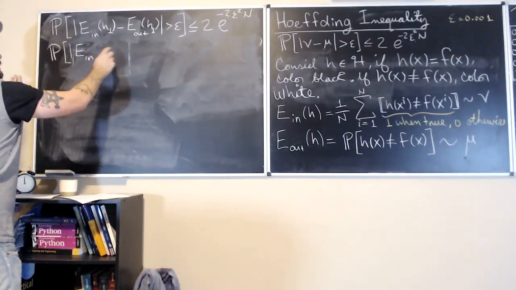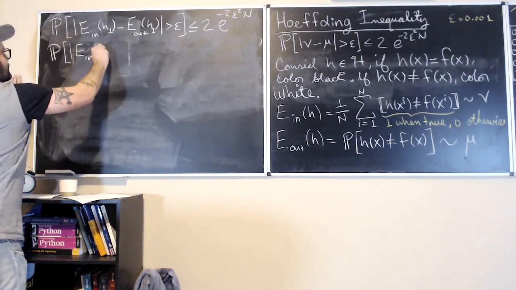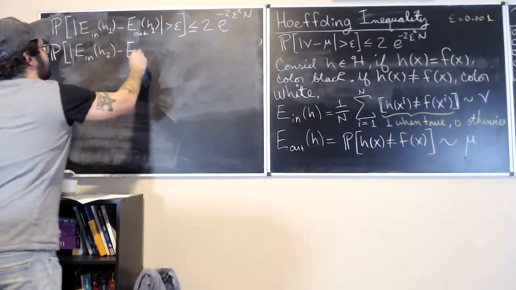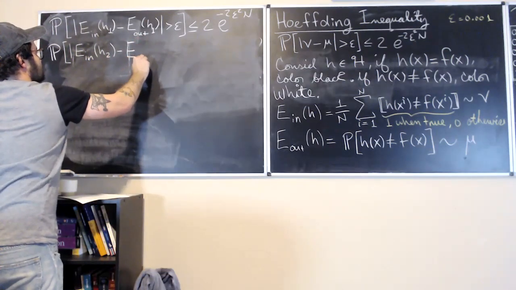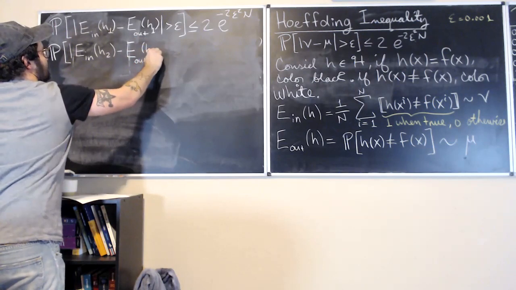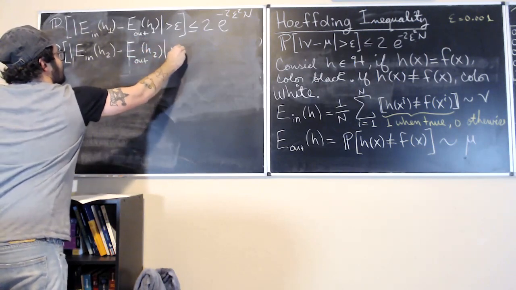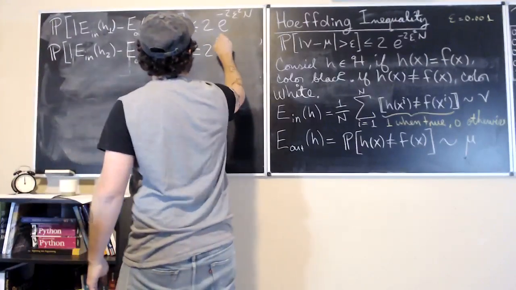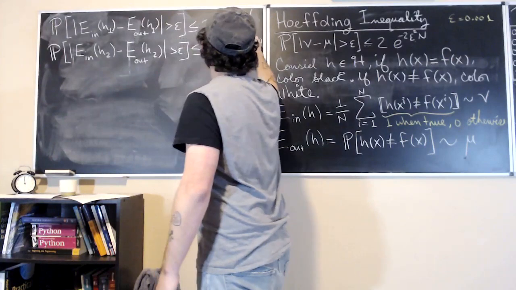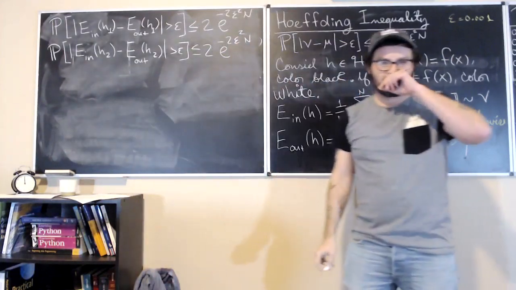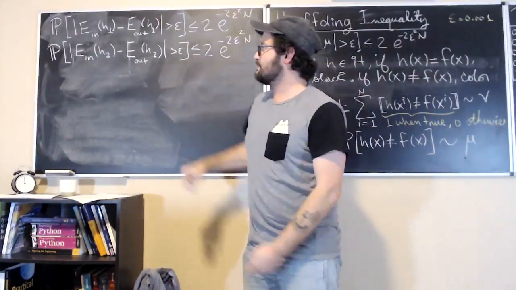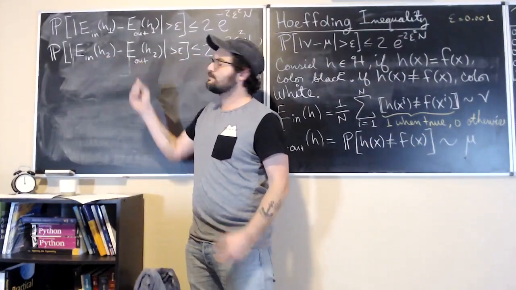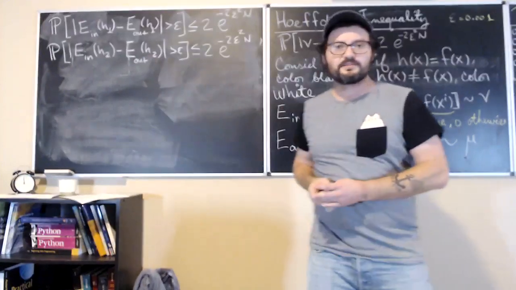And then we can apply the Hoeffding inequality again. And that's the probability that for our new hypothesis H2, that in and out are greater than some positive number epsilon.